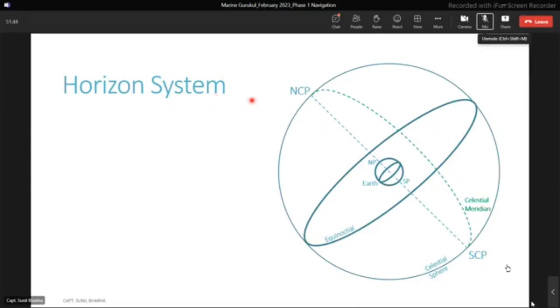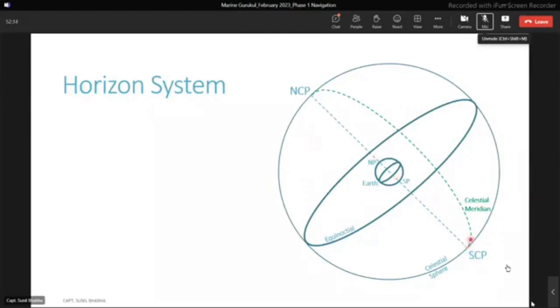The diagram which you see right now on the screen is exactly the same diagram which we discussed in the equinoctial system. You can see the Earth in the center. You have the North Pole and the South Pole of the Earth. You see the equator marked here, and you see the axis of the Earth projected onto the celestial sphere, meeting at the North Celestial Pole and the South Celestial Pole.